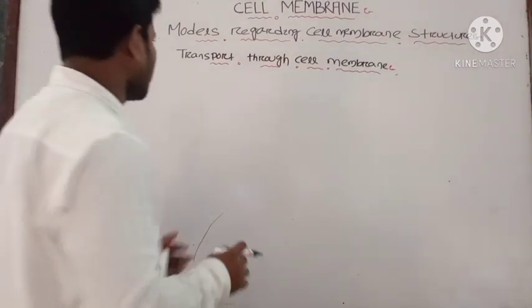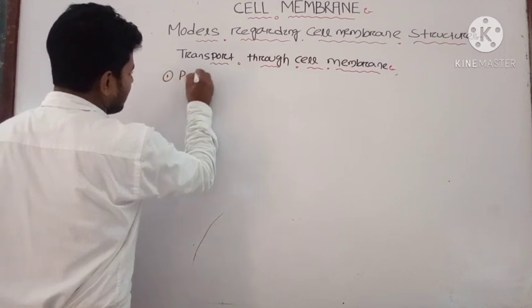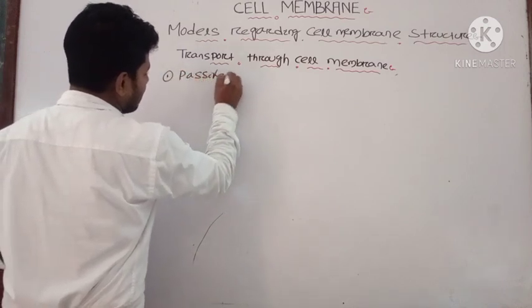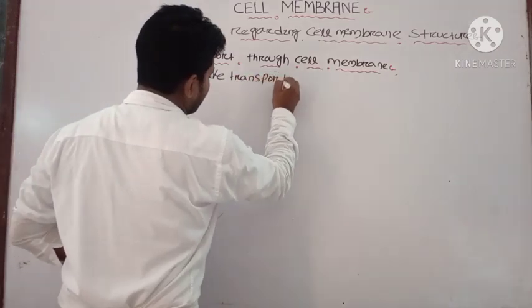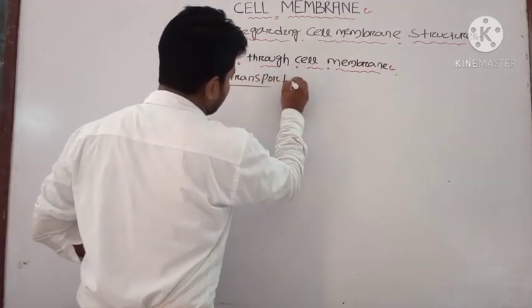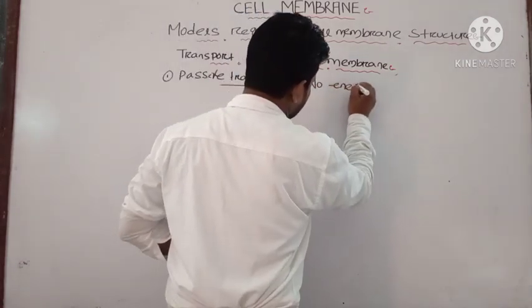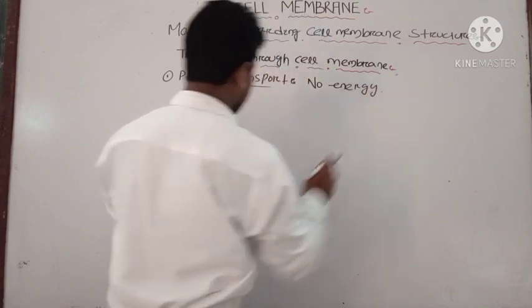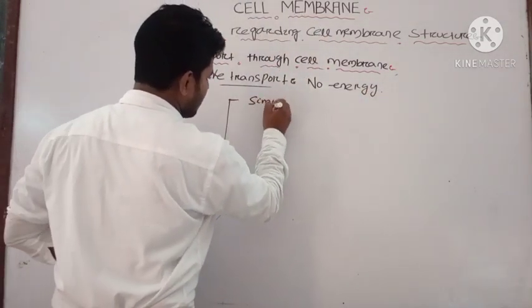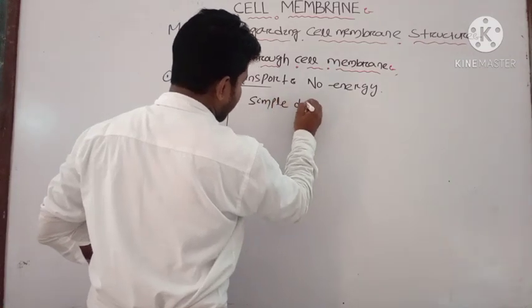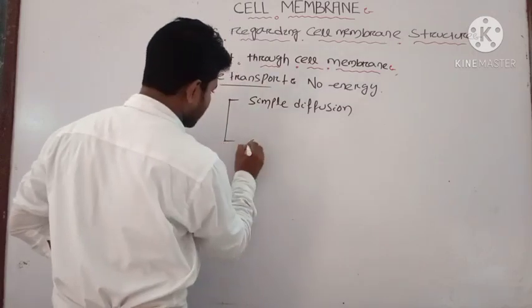In passive transport, no energy is required. Passive transport can be of two types. One is simple diffusion and the next one is osmosis.